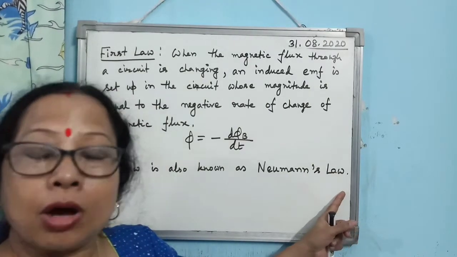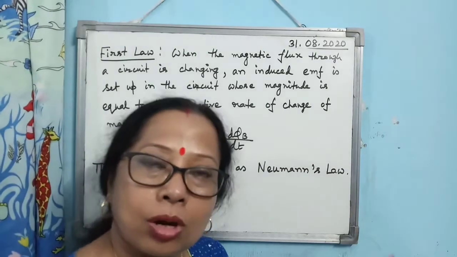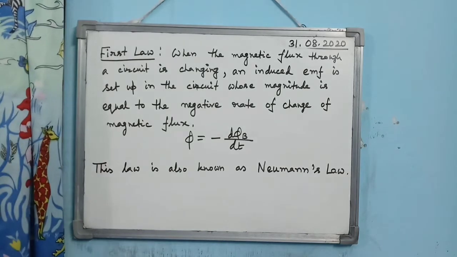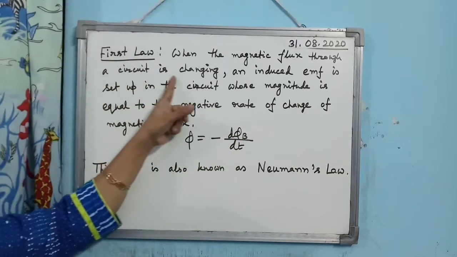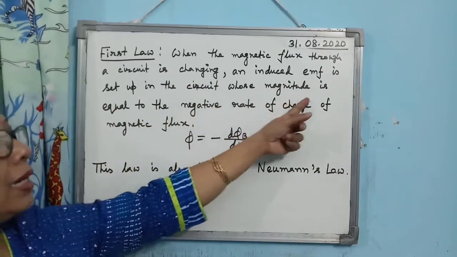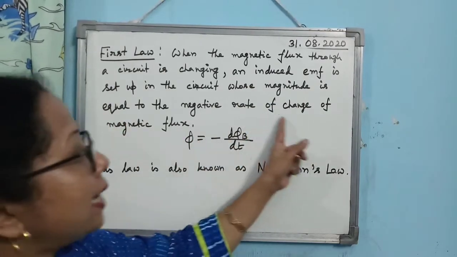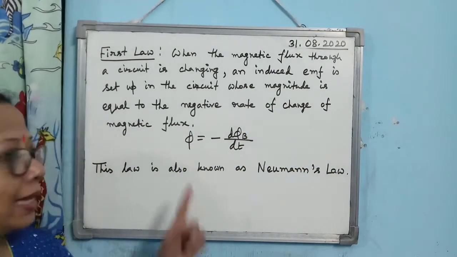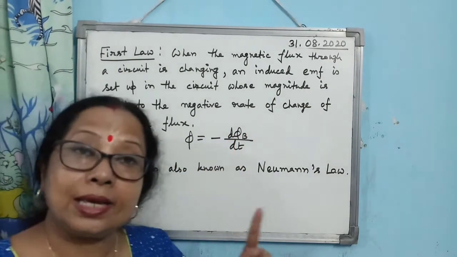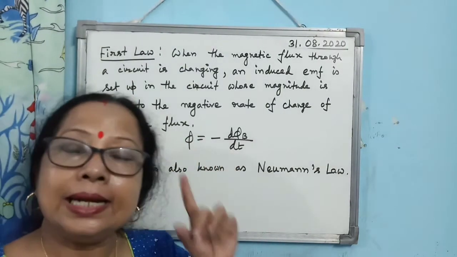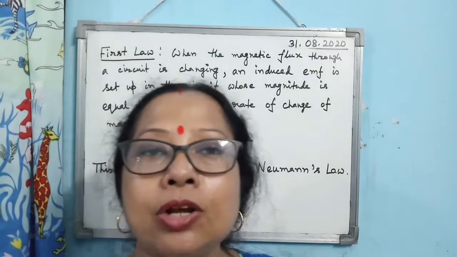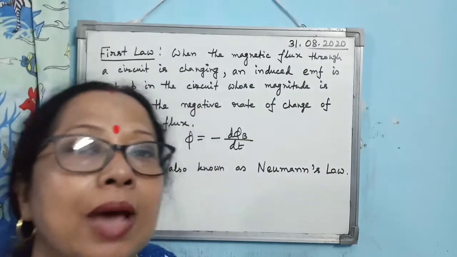It is stated as: when the magnetic flux through a circuit is changing, an induced EMF is set up in the circuit whose magnitude is equal to the negative rate of change of magnetic flux, that is, E is given by minus d phi B by dt. And you already know that this negative sign actually comes from the third law, known as Lenz's law. Here we will call it the second law of electromagnetic induction.